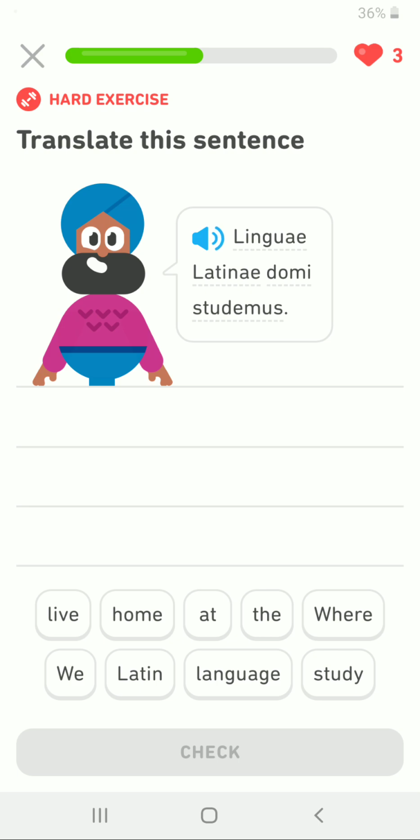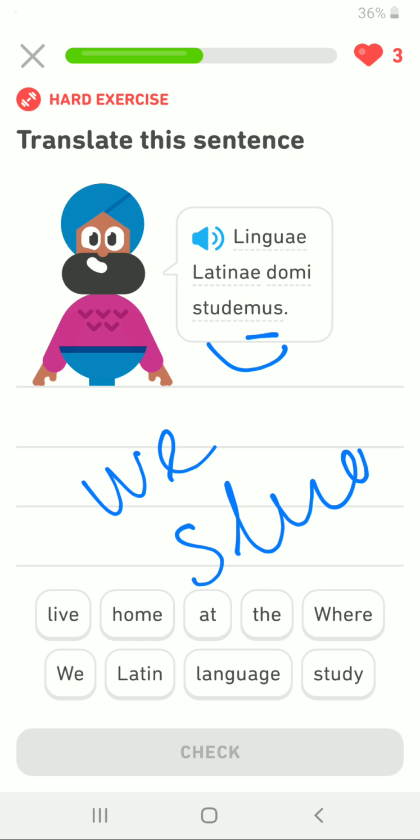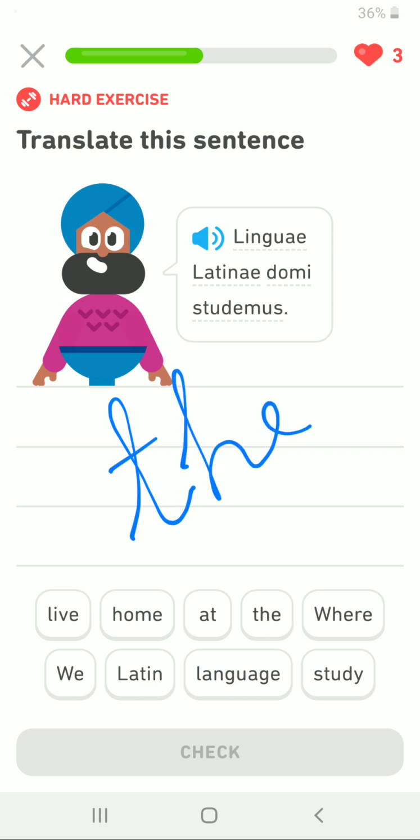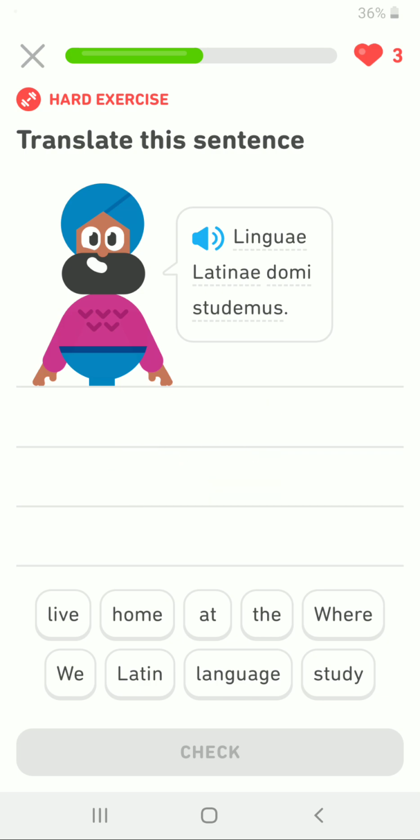Linguae Latinae domi studemus. Okay, next one we have studemus, which is we study. So we study. What do we study? We study still the Latin language. The Latin language. Don't forget the article. Don't do like me.